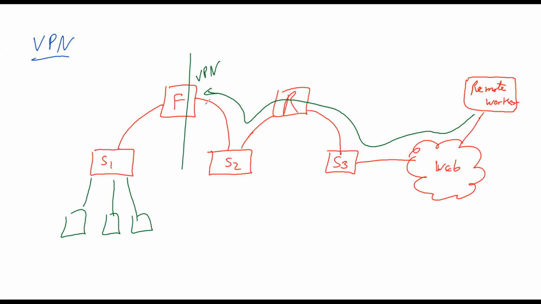With the VPN services, what ends up happening is that the remote worker on his or her computer will create a virtual interface. And that virtual interface basically becomes as if the remote worker was connected here. So if I call this RW, remote worker, once they connect, it's almost like they're there.